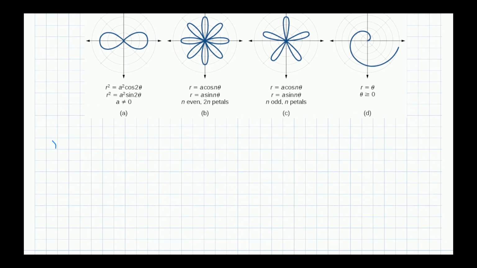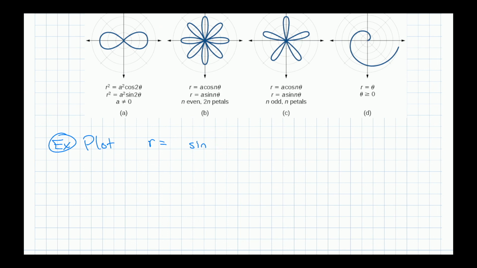So example. Plot r equals, let's just do 3. And we could do a sine or a cosine. Let's do a sine. 3 sine theta. Oh, no, that's wrong.